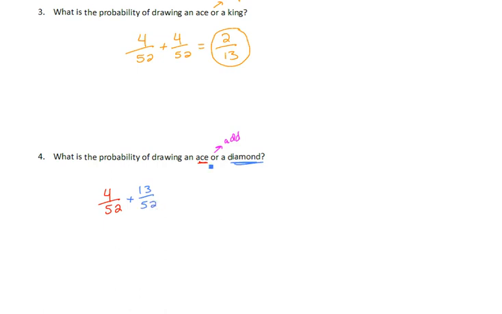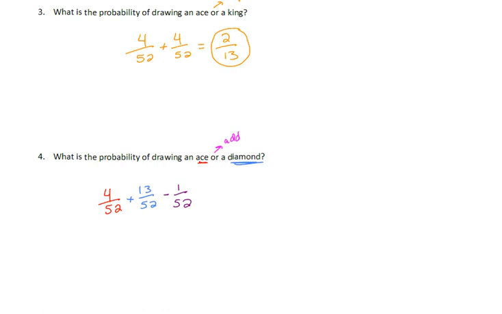But guess what? One of those aces is a diamond. So what we're going to have to do in purple, I'm going to have to subtract that probability that one of those 52 is actually that ace of diamonds.